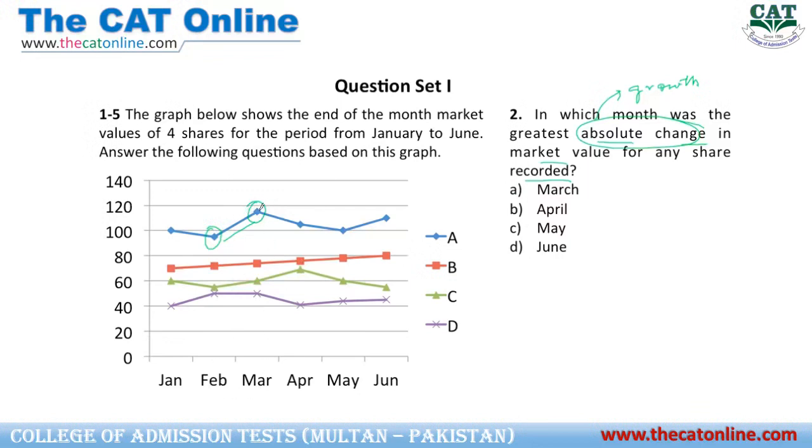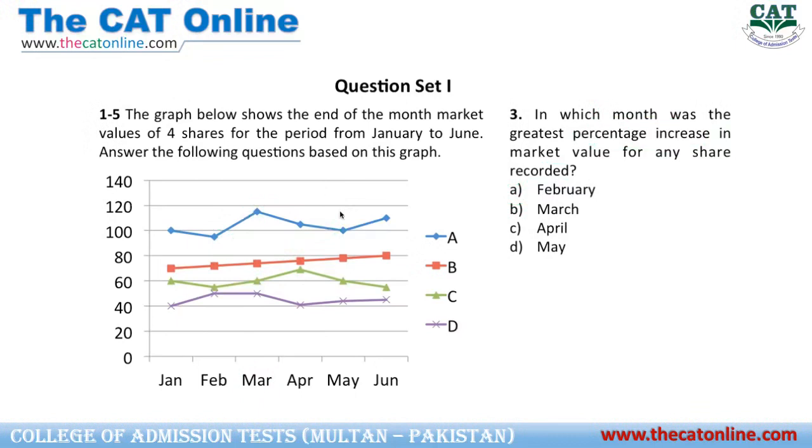So if I take this value here, this is somewhere near 115, and this is somewhere near 95. So if you subtract this, it comes out to be 20, and this is the highest absolute change. This happens in the month of March, so the correct option here is the A part. So just by looking at the steepness of the slope, you can answer without making calculation. Even this calculation wasn't required.